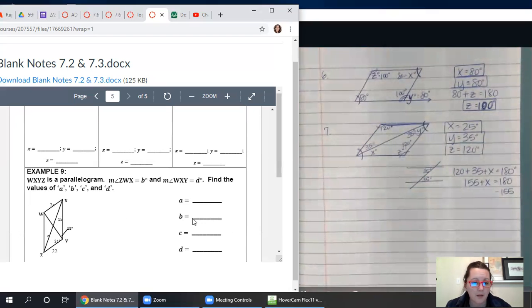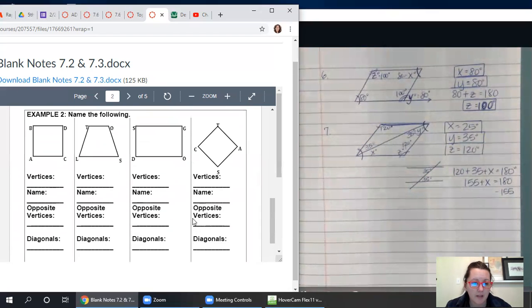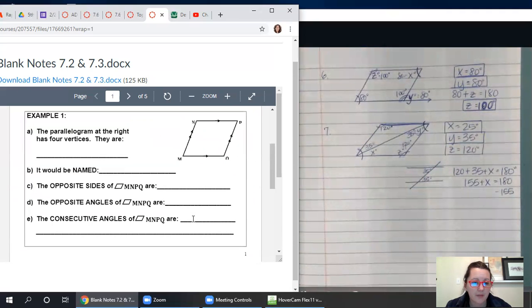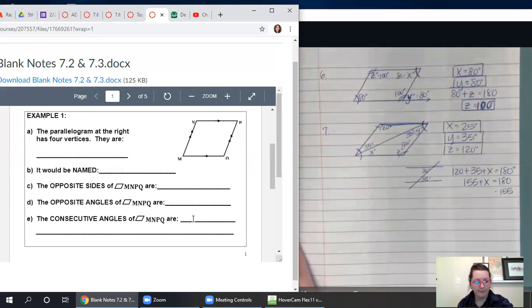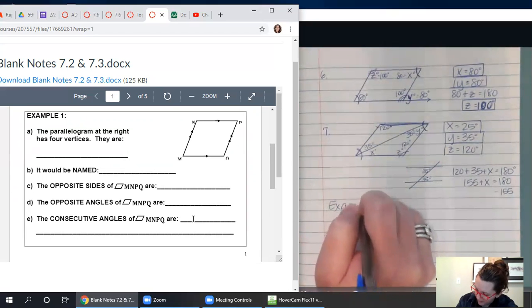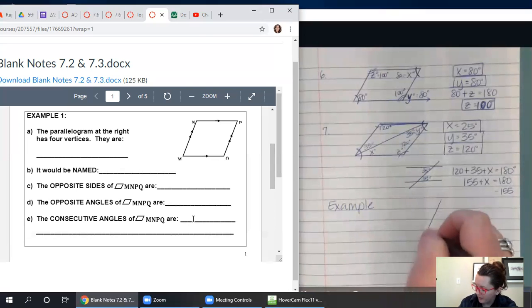properties. Okay, let's go back up to the top because I want to talk about naming, right? We want to make sure that we're naming these correctly. So let's look at example 1. Going back up to the top, example 1, we did example 3 together. This is our parallelogram at the right. Naming is very important, okay?